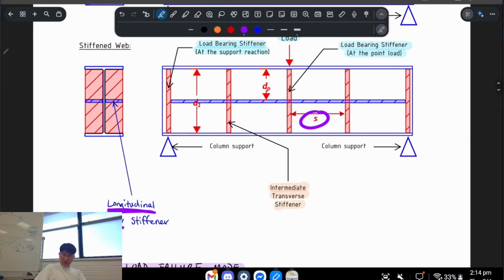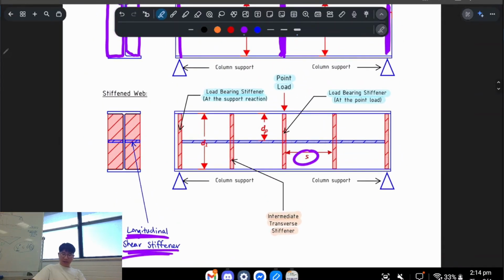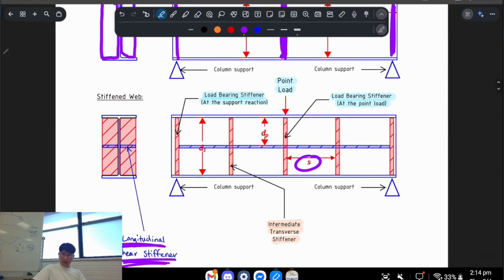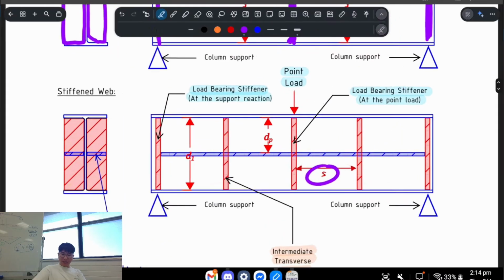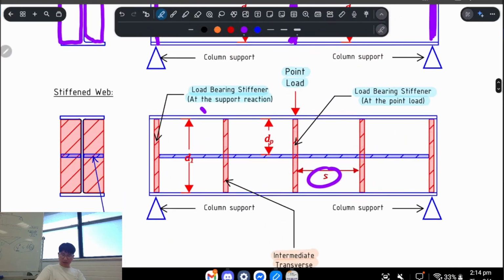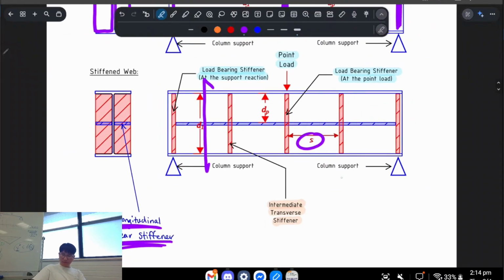You might also see longitudinal shear stiffeners, and it's a similar idea where you're basically restricting. So if I take a cross section here, it looks like this, and then you've got a longitudinal stiffener here. If you think of the web like a column, you've basically restrained it in the middle from buckling.